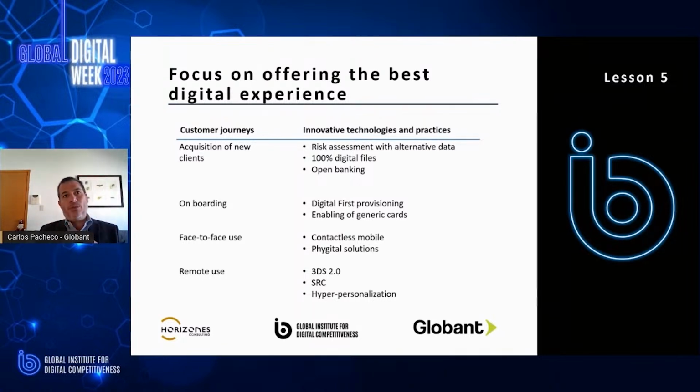The second one, which is also important, is models where you can use generic cards that are placed in numerous merchants. Let's call it product placing in convenience stores. You can have a generic card and then enable that card digitally, so that they can have both the digital card in their cell phone and their plastic. Again, this is only enabled now that we have new technologies that can help you implement that.